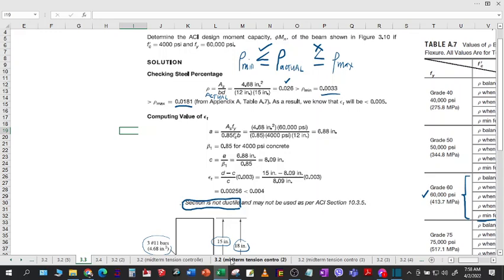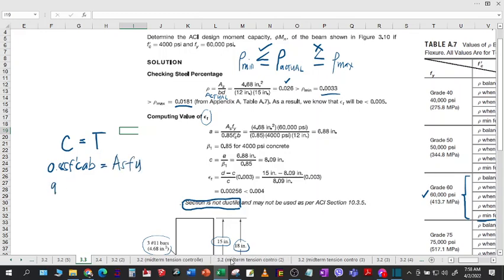Now anyway, we can still compute the tension strain in steel just to verify if it is really tension controlled or compression controlled. So we can compute the actual value of a. We know C is equal to T by equilibrium, and C is 0.85 fc' ab, and T is As fy.